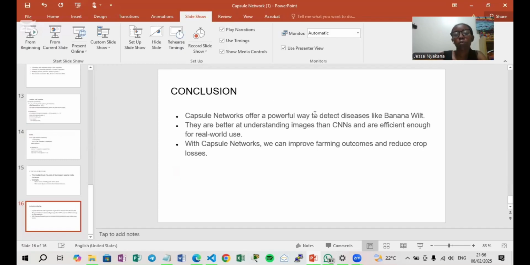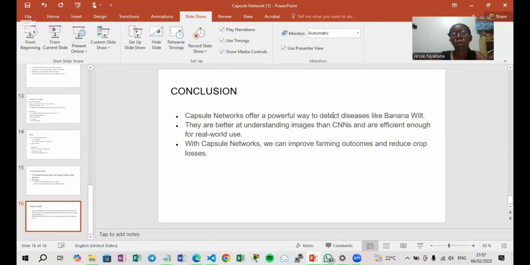They offer a powerful way to detect such diseases because they are better at detecting complex features of diseases. In the context of bacterial wilt, they are better at detecting complex features in leaves that are infected with banana wilt.